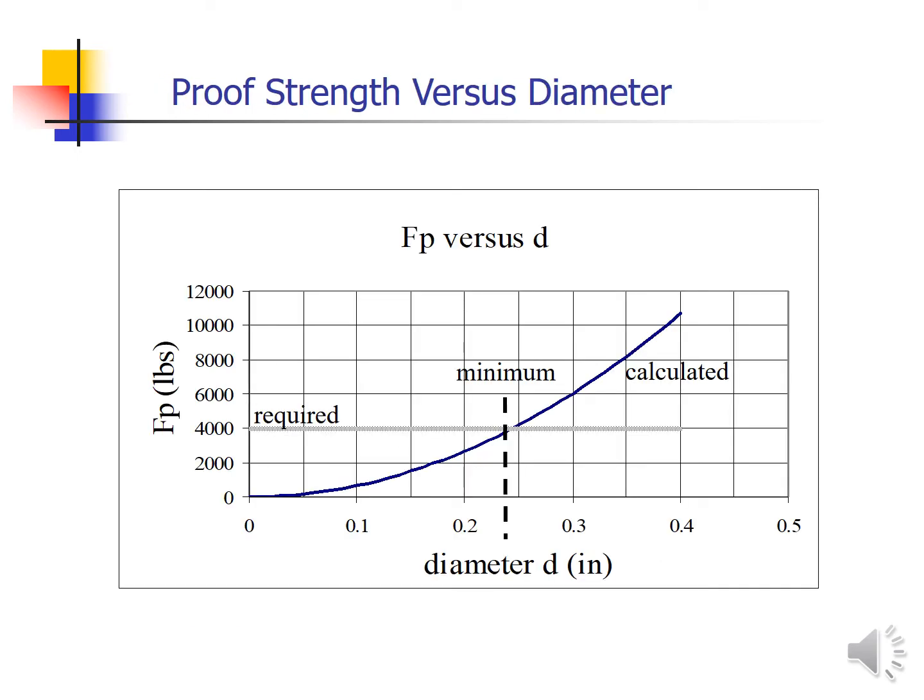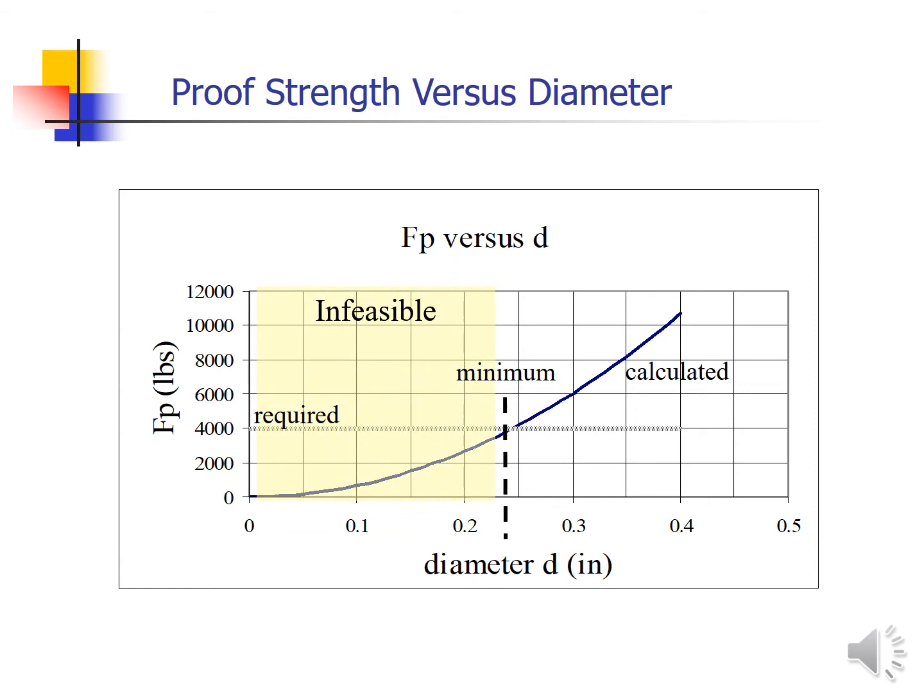For the proof strength versus diameter graph, on this curve the requirement is 4,000 here, and from here we can estimate.